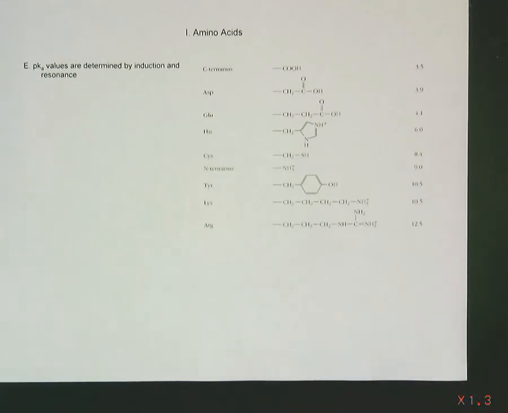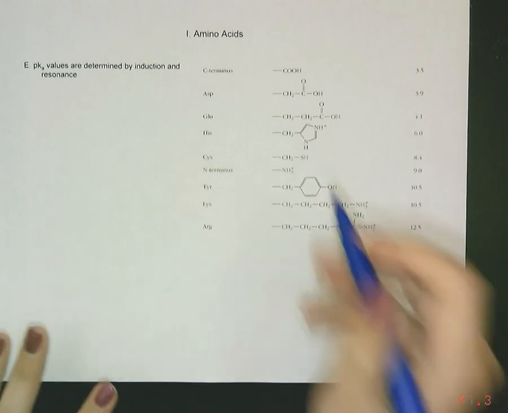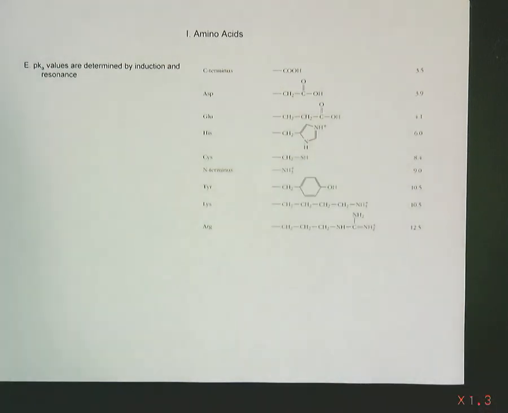All right, pKa values are determined by induction and resonance. Remember those words from organic chemistry, induction, resonance structures? Everyone's blanked out that entire year of their life, for the most part. All right, this table is in your textbook.